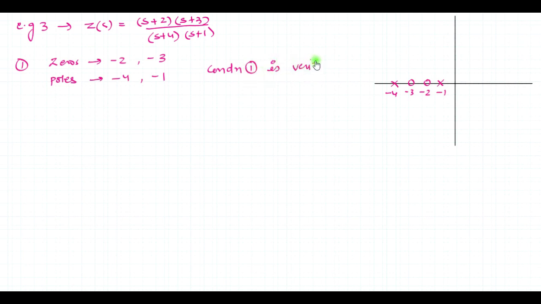Now we will check the condition number 2. The condition number 2 says the poles and zeros must interlace each other. Let us check. In the start we have a pole, but after a pole we have a zero. The condition is satisfied till this point, but after this zero we have another zero.